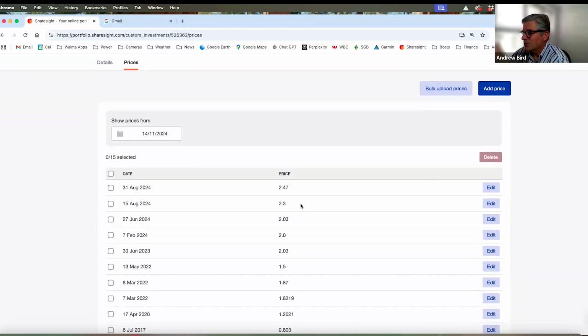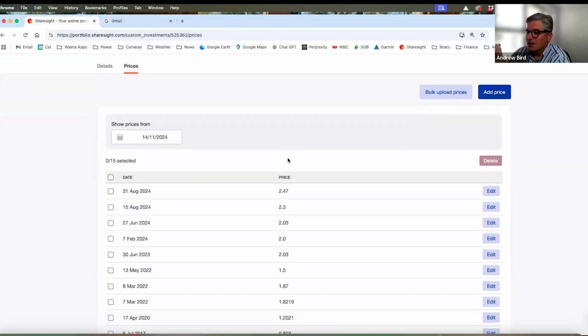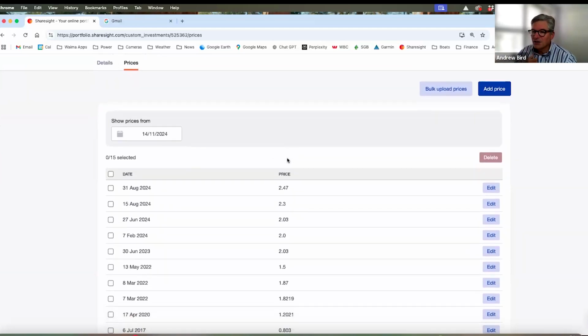That doesn't necessarily provide a substantiation because you can put in whatever number you like. So then you have to go to other sources, whether it's a director's valuation, or an independent valuation from a valuer, whatever it may be. So Sharesight doesn't necessarily help you do that, but it does help you record, and you can track against the asset, the justification. You could put in a valuation report.